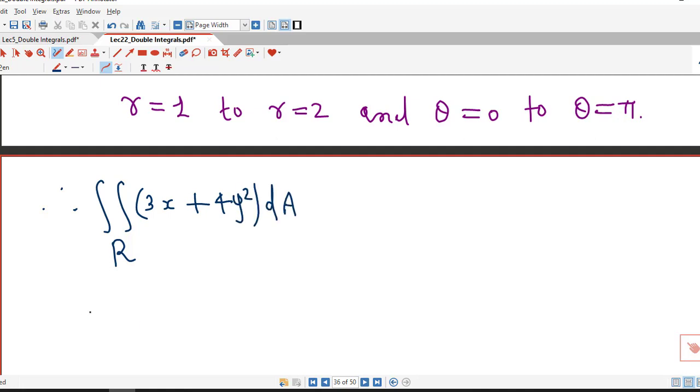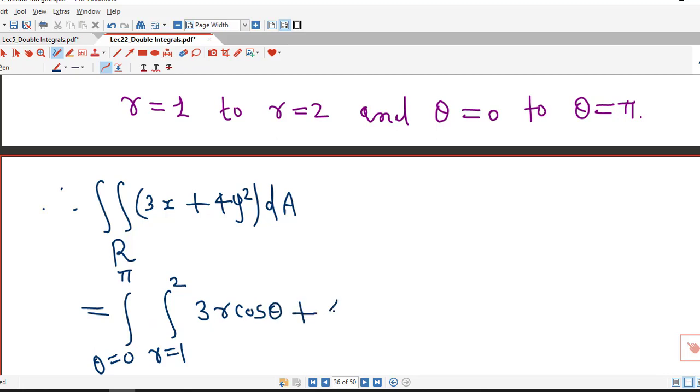Here we will substitute x equal to r cos theta, y equal to r sin theta. Limits of r are from 1 to 2, theta is from 0 to pi. X is replaced by r cos theta, y is replaced by r sin theta, so we have r squared sin squared theta, and dA is replaced by r dr d theta.